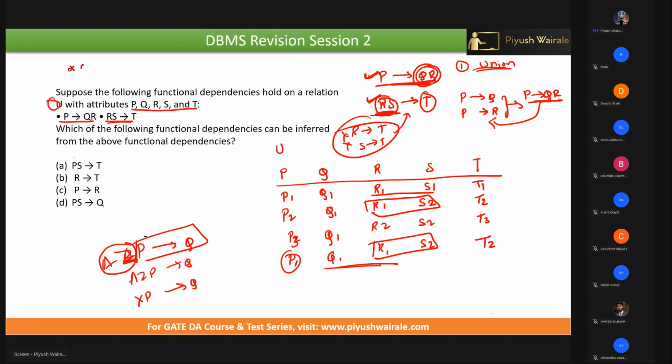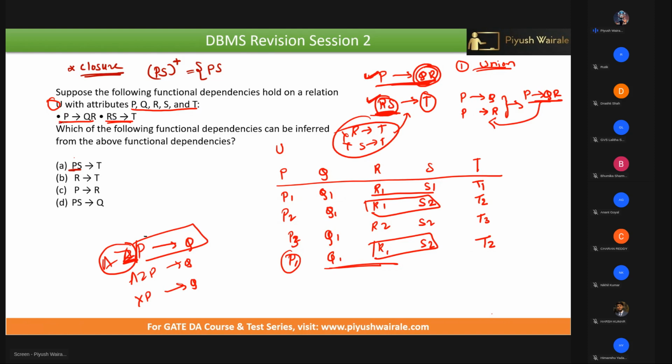Closure of an attribute. So when I take the closure of any attribute, let's say for example PS here, right? We use the plus symbol for closure, like this. It's a set. So PS will determine PS itself, that is fine. Now from P or from S or from PS together, which attributes can I get here?